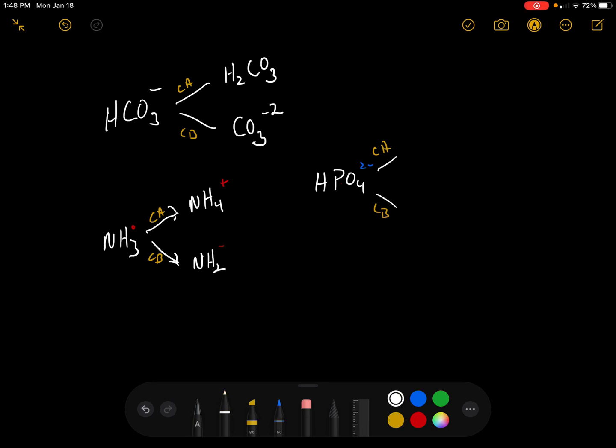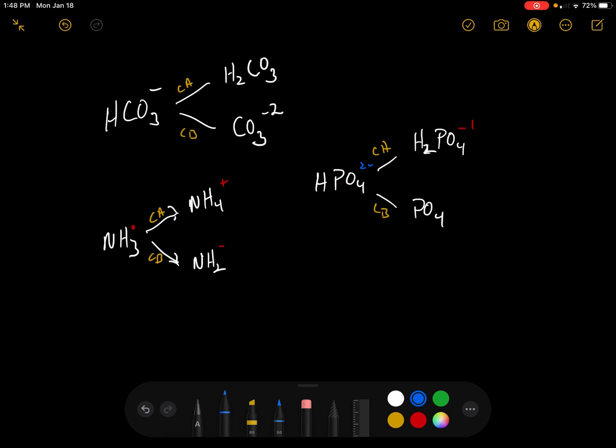Okay, so if we're going to write this now, we're going to write our conjugate acid like this: H2PO4. Now, what is our charge going to be? Our new charge is going to be -1 because we added a proton, right? So now let's go down here and write our conjugate base. We're going to take away a hydrogen. That's going to leave us with PO4.